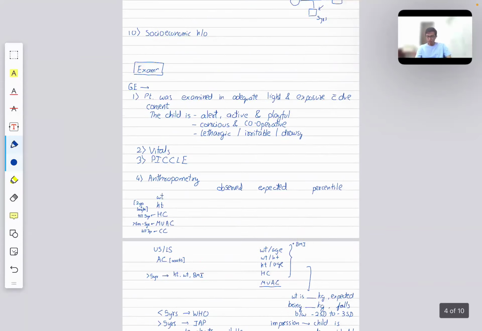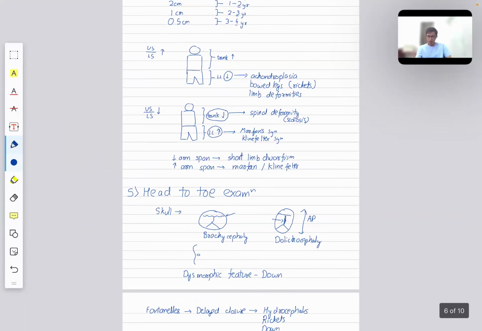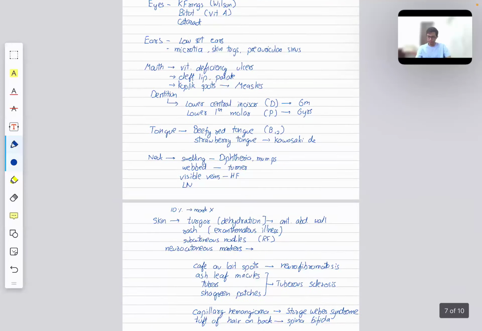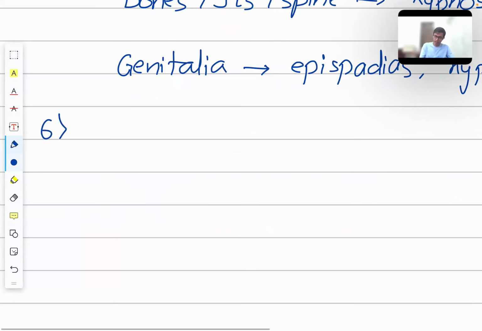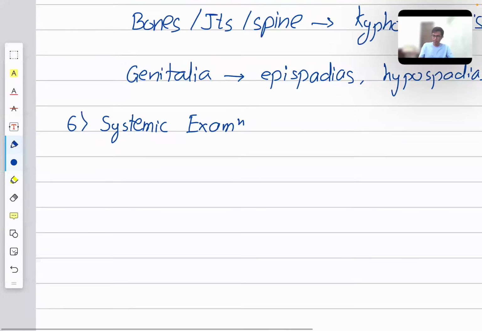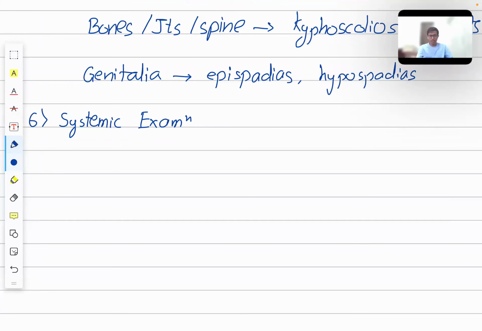After all this comes your systemic examination. Each of the systemic examinations will be taught in detail with their respective cases. As of now, I'm just mentioning what points you have to mention. Suppose you have got a CVS case, you have performed your CVS examination in detail.